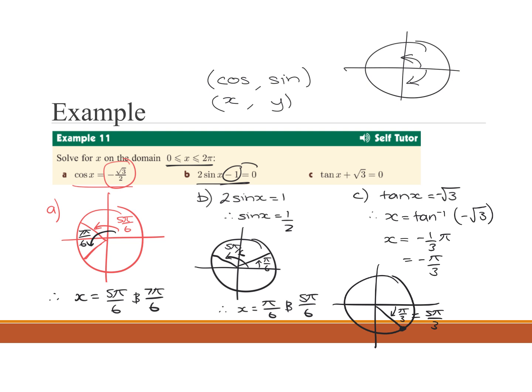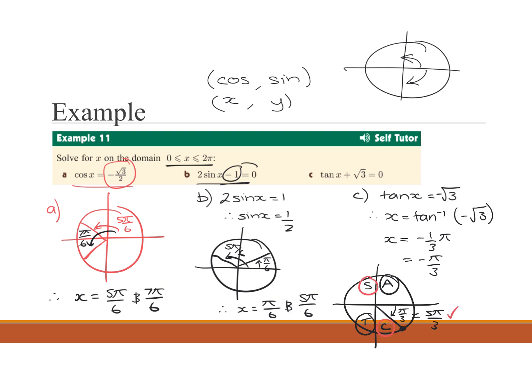Going down by pi on 3 on the unit circle is equal to 5 pi on 3. Now with tan, and I should have probably spoken about this earlier, remember our all silly turtles crawl. That means tan is positive here and here, but we want tan when it's negative. So tan is negative here, which makes sense, and also here.